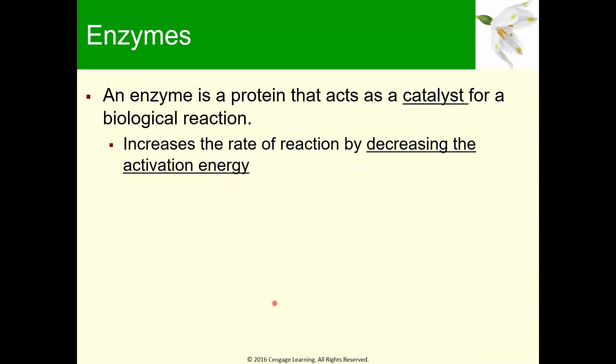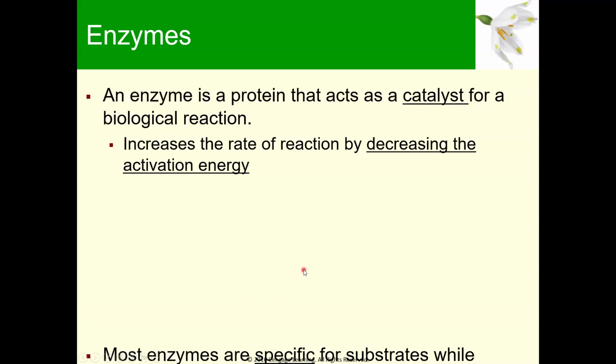Okay, how does it do that? Well, the way any catalyst works is it lowers the activation energy. Remember that every chemical reaction has to get over some hump. We call it the activation energy. A catalyst, through the mechanism of the reaction, just lowers that activation energy. So it increases the rate of reaction by decreasing the activation energy.